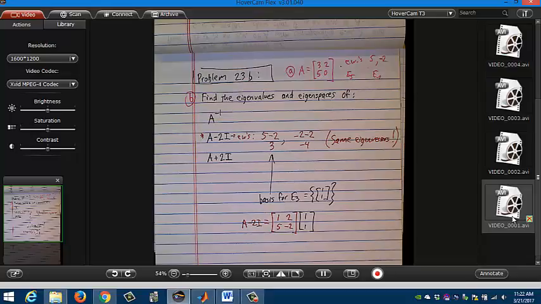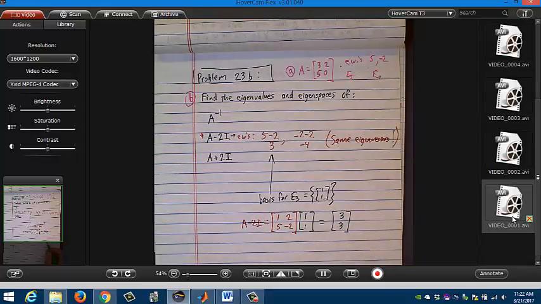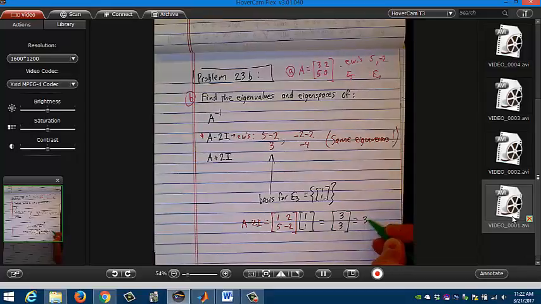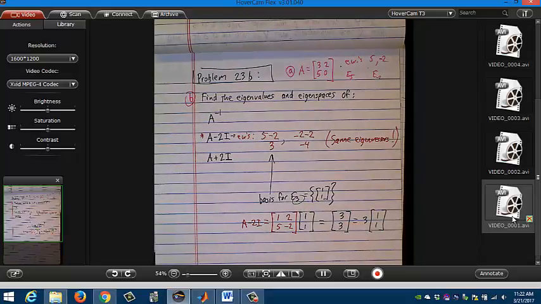That gives me 3, 3, right? So, sure enough, that's 3 times 1, 1. It really works. 3 is an eigenvalue with the same eigenvector that 5 had from part A. Get that?